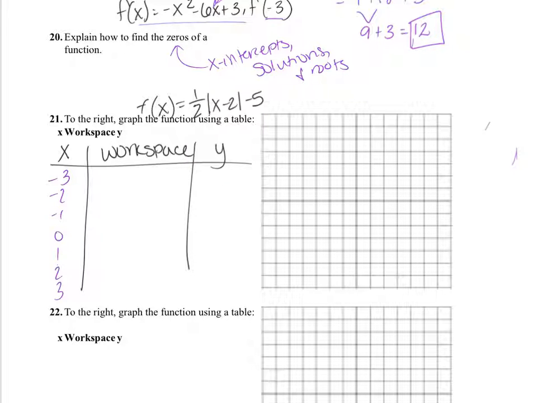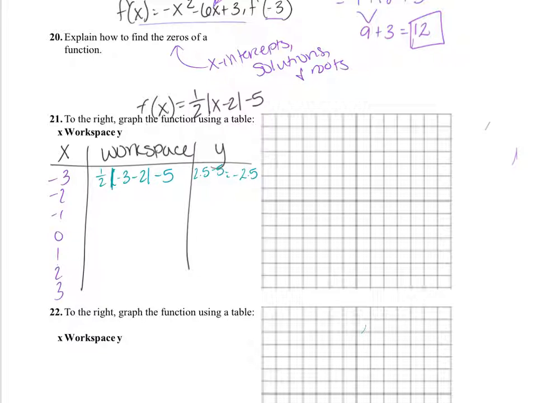So we have 1/2 absolute value of -3 minus 2, minus 5. -3 minus 2 is -5, but since we're taking the absolute value, it is +5. Half of 5 is 2.5, and then we subtract 5, which gives us -2.5.